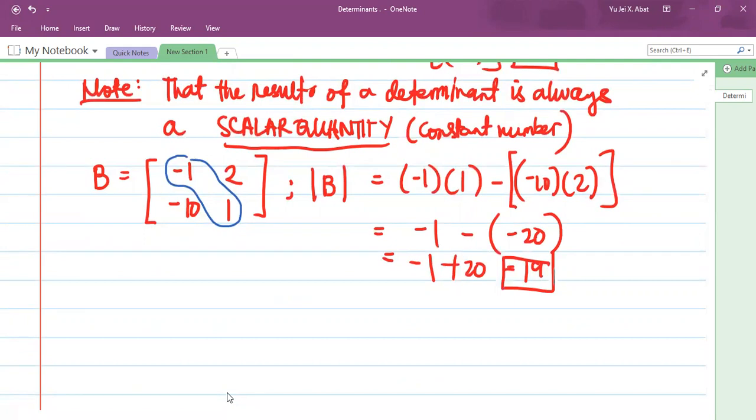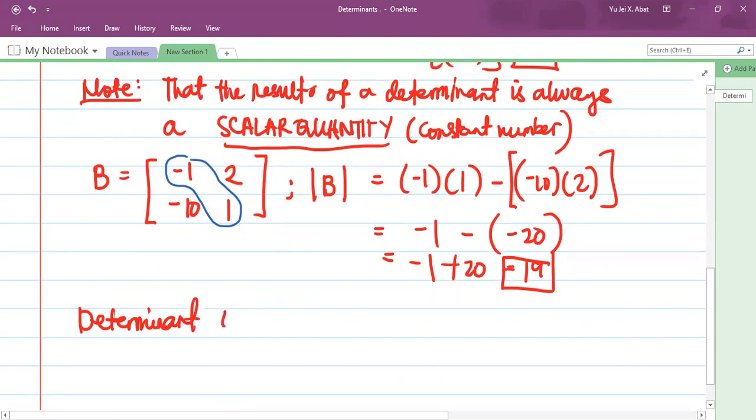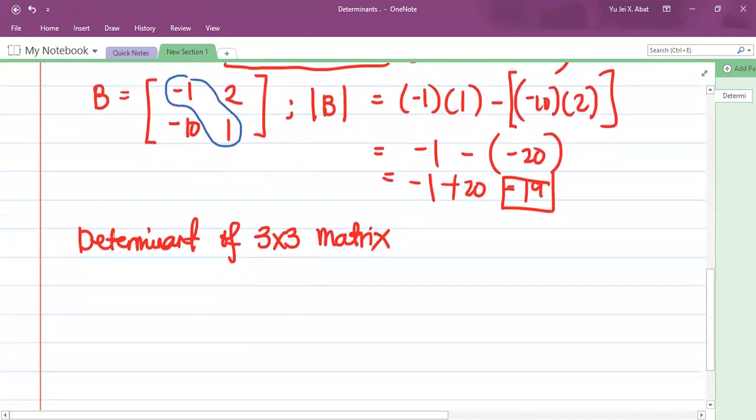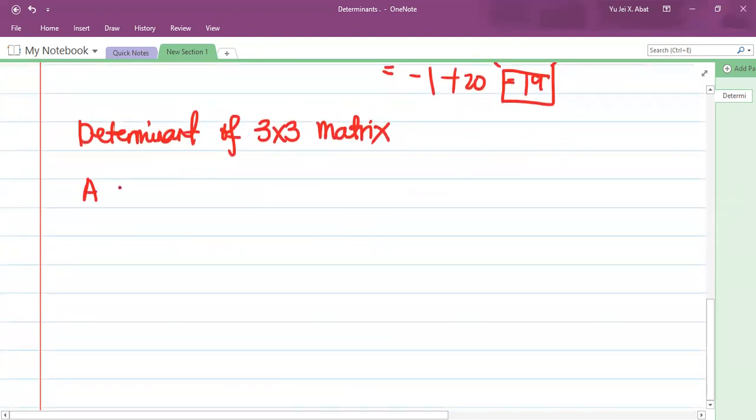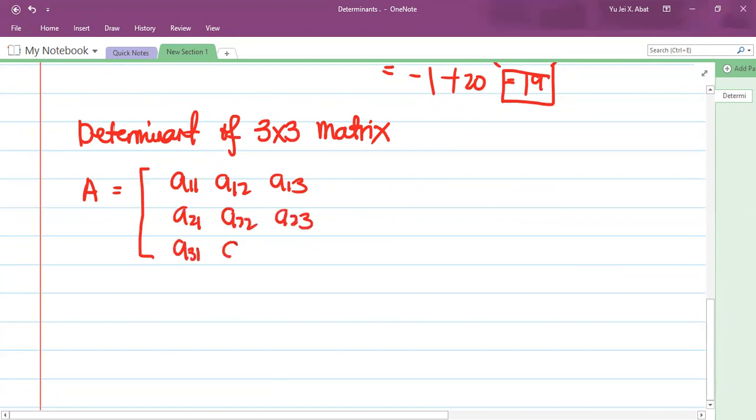When it comes to a 3 by 3 matrix, we go a little higher. Suppose we have matrix A with A11, A12, A13, A21, A22, A23, and A31, A32, A33. That's our 3 by 3 matrix.